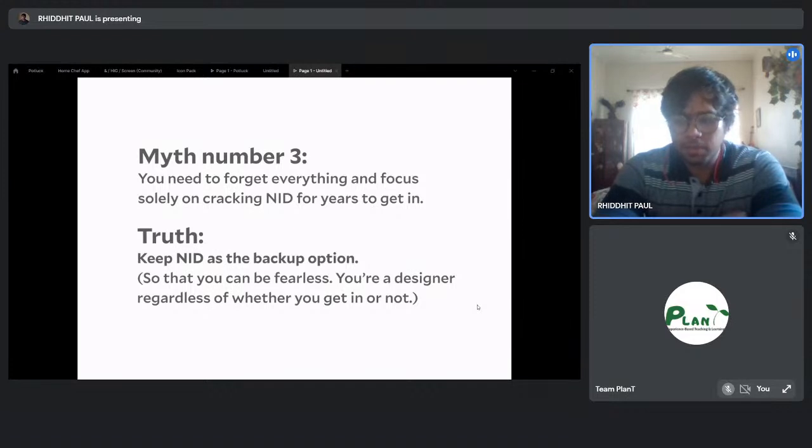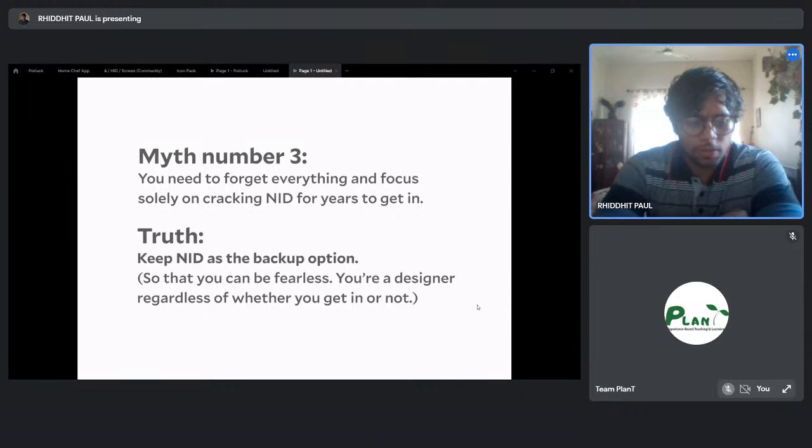The more flexible you are with what you learn and how you get that knowledge, the better it is for NID. For example, I say keep NID as a backup option, because if your focus is on getting into NID, then during the exam you're going to be fixed on figuring out what the correct answer is, when there actually is no correct answer.